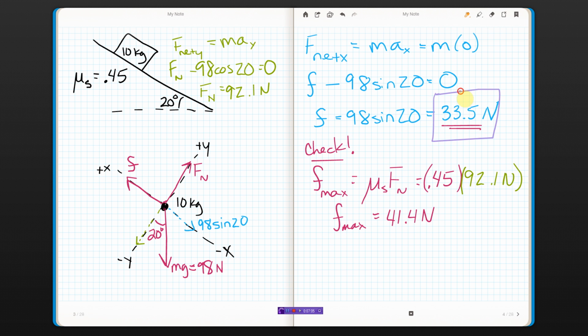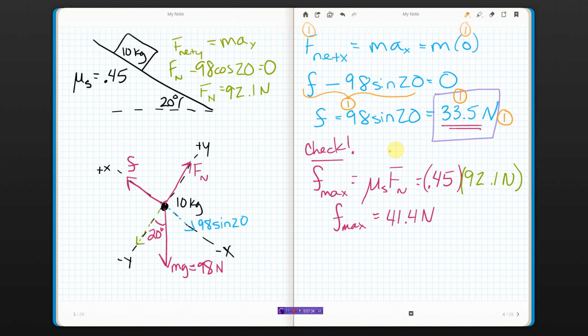So points. This is the answer. I can give you a point for the answer, a point for the unit, a point for F net x equals ma, a point for saying that the acceleration is 0 somehow, either putting a 0 in there or doing that little cross it out and point to 0 thing, a point for getting these correct. Okay, so 1, 2, 3, 4, 5.